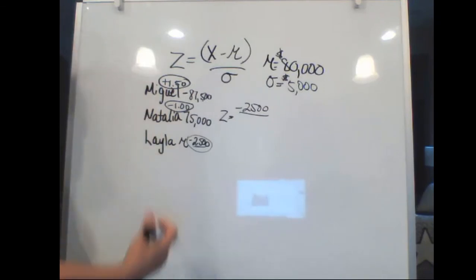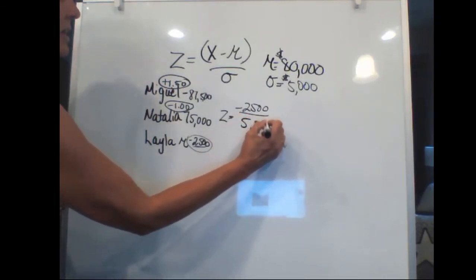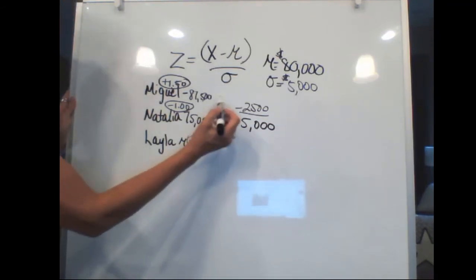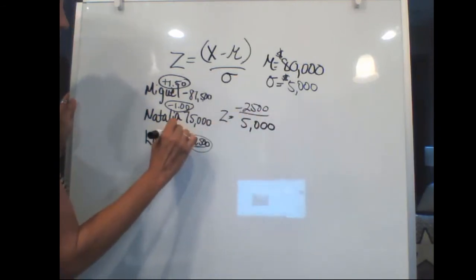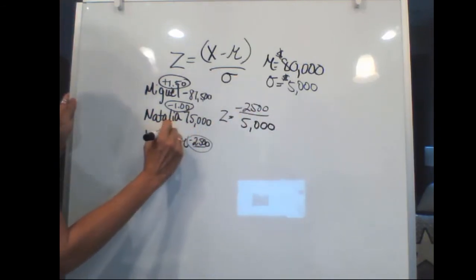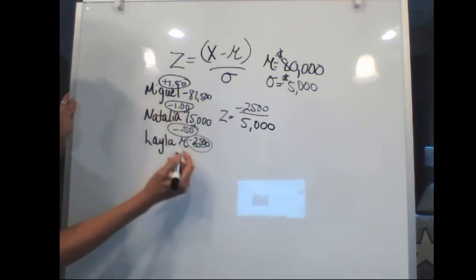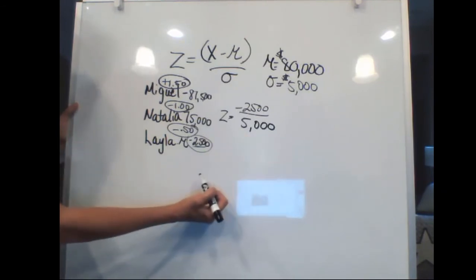She's 2,500 below the mean. And then the actual standard deviation is 5,000. So 5,000 goes into negative 2,500 negative 0.50. So in other words, Layla is a half of a standard deviation below the mean.